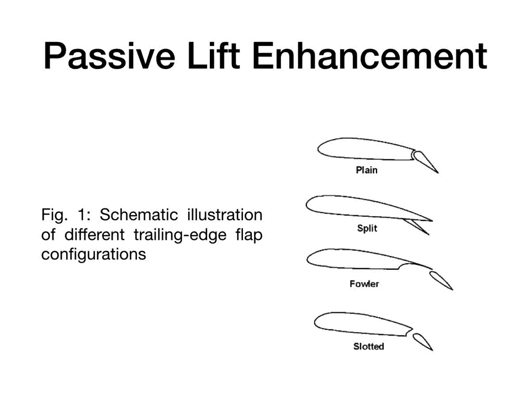This has the effect of adding momentum to the boundary layer on the upper flap surface to allow larger flap deflections before the flow separates. A Fowler flap is a slotted flap that translates rearward, away from the wing. This has the benefit of increasing the slot width and increasing the effective wing area.